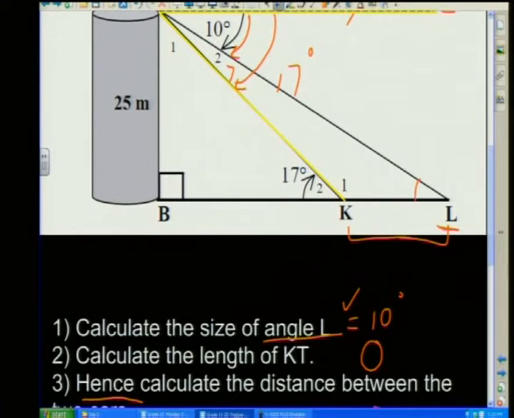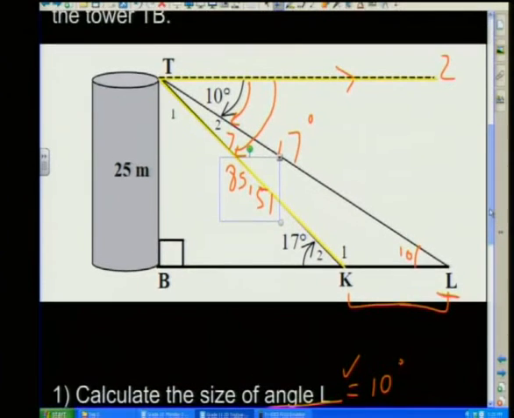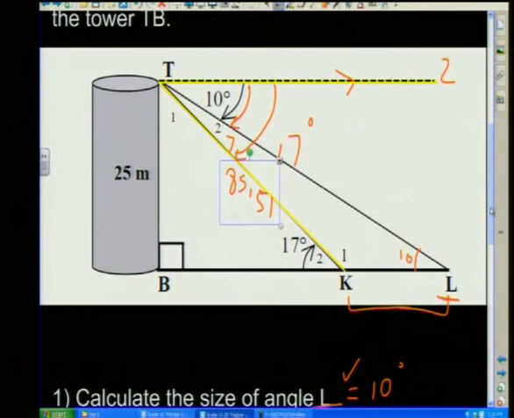Okay, so we know that the distance we are now looking for, the distance between the two cars, is KL. We knew that angle L was 10 degrees. We've just worked out that side KT was 85,51. And what else do we know in that triangle? Remember earlier we showed that angle T2 was equal to 7 degrees because of alternate angles.